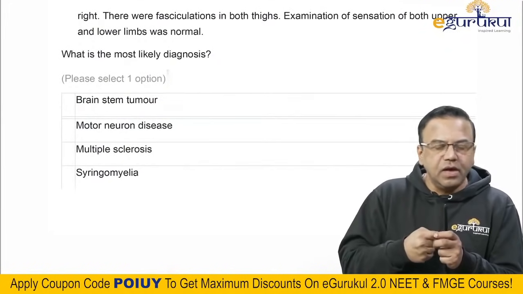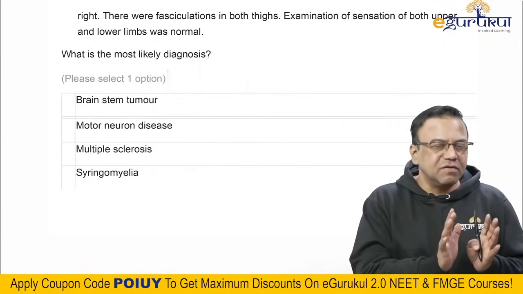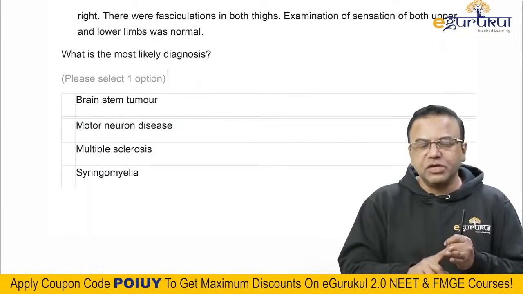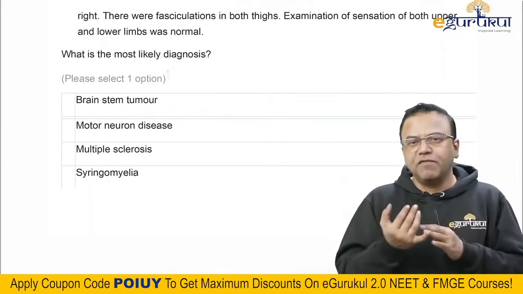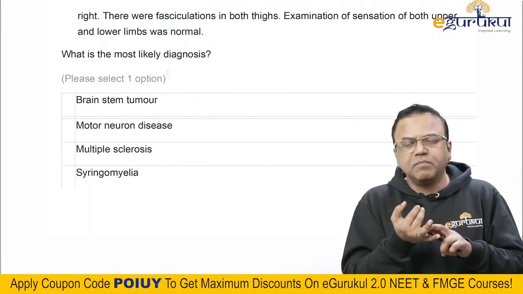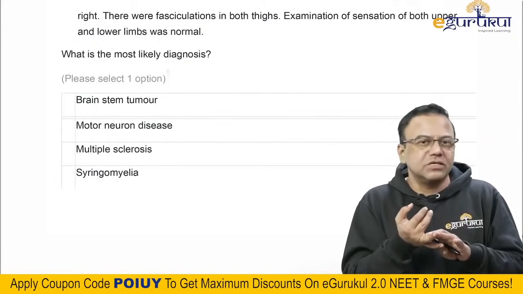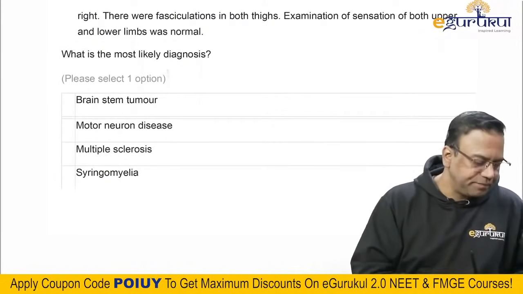So what is preserved in syringomyelia? Joint position, vibration, fine touch should not be affected. A patient having cape-like distribution of intact touch but loss of pinprick, loss of temperature sensation, this is suggestive of syringomyelia. That's what you're looking for in the MCQ.